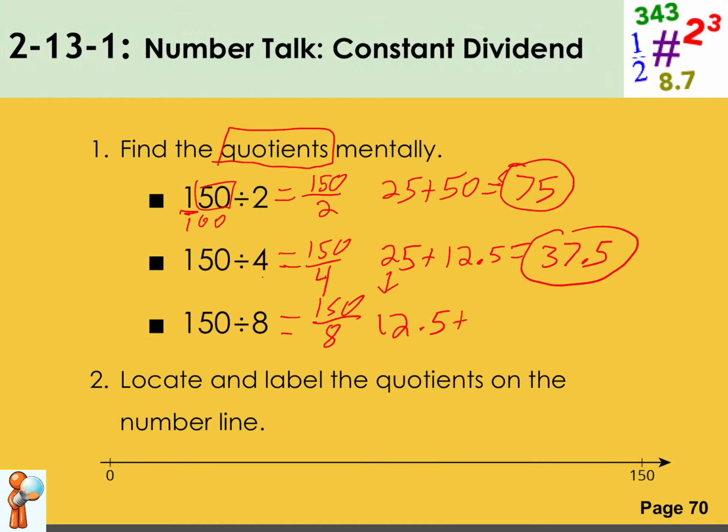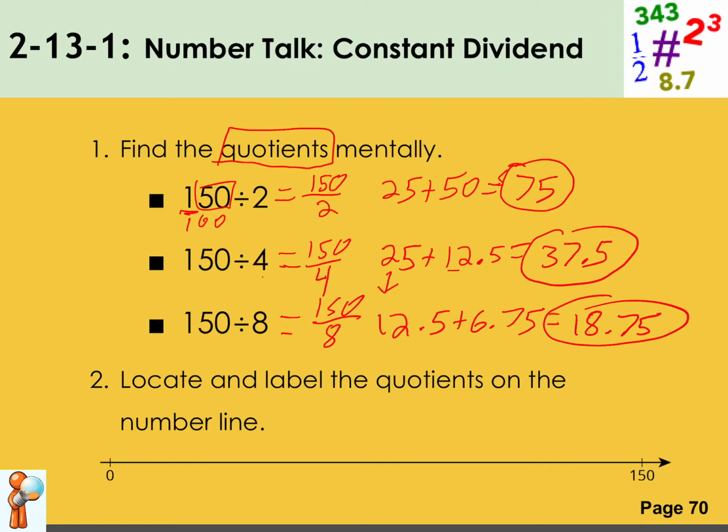And then I have my 50 divided by 8 is not even going to be a whole now. So it's going to be the same as half of 12.5, 6.75. And then we add these up. We get 18.75.